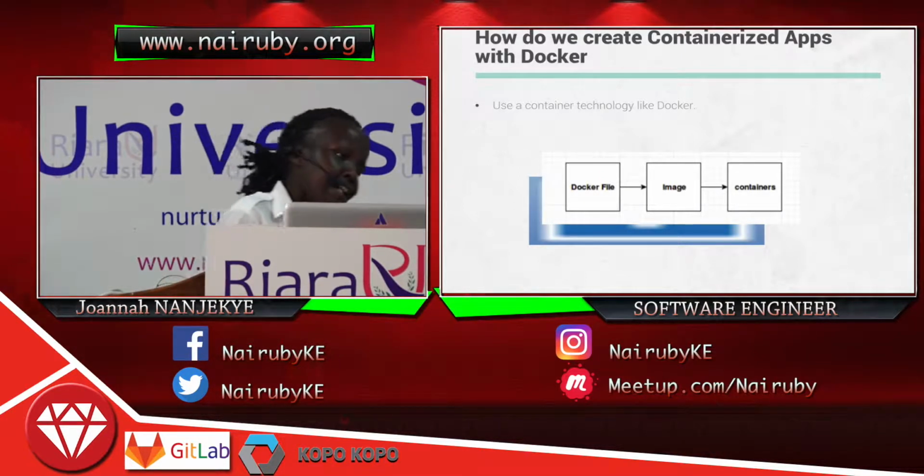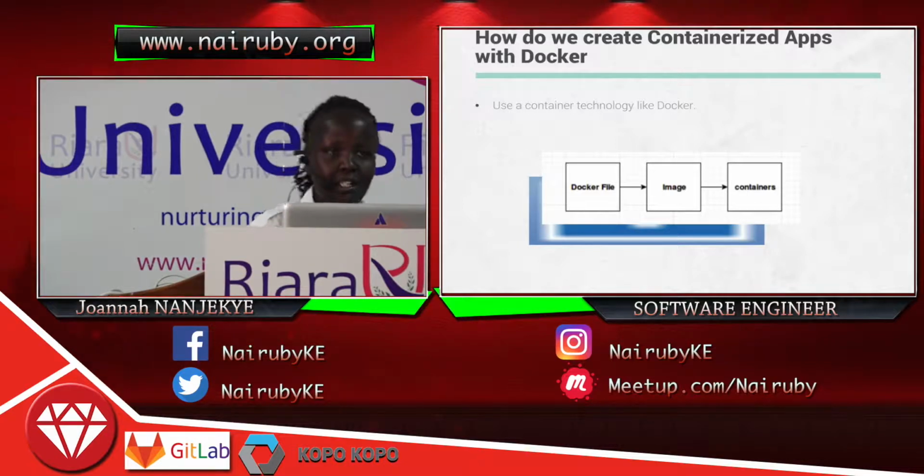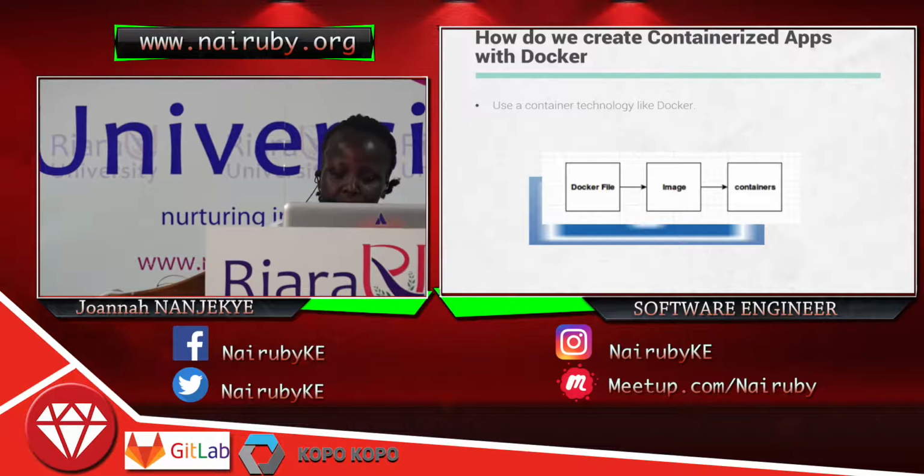Just like a class and an object, a class is a blueprint from which you create objects. So think about an image like a blueprint from which we can create many instances of a container. So how does Docker really work?